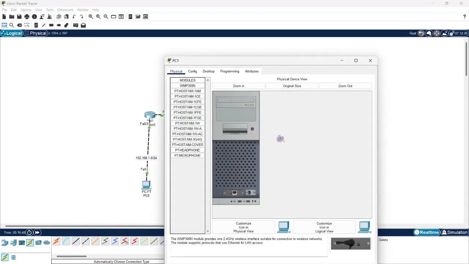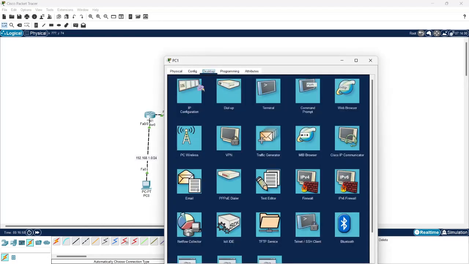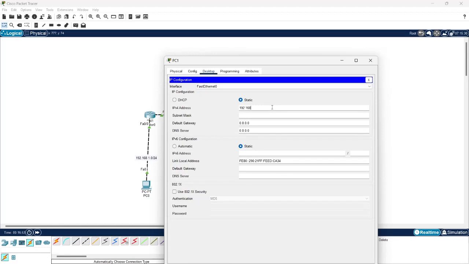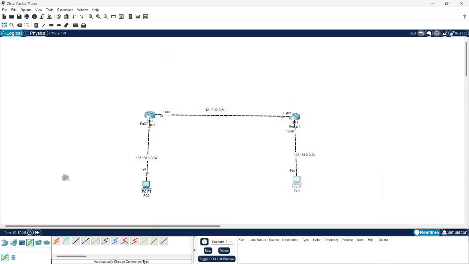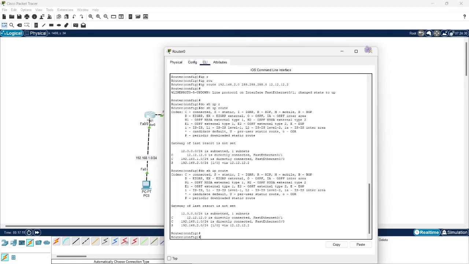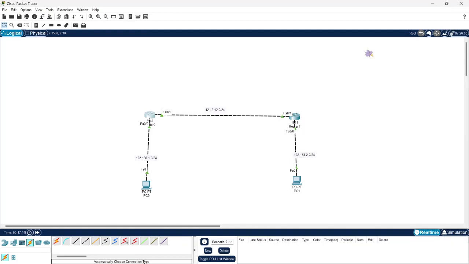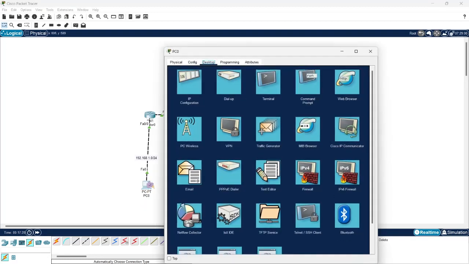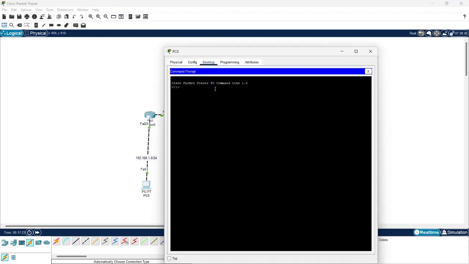Okay, so for the next PC, we're gonna add 192.168.2.2. Okay, so after that, we're gonna test ping from the first PC to the second PC.